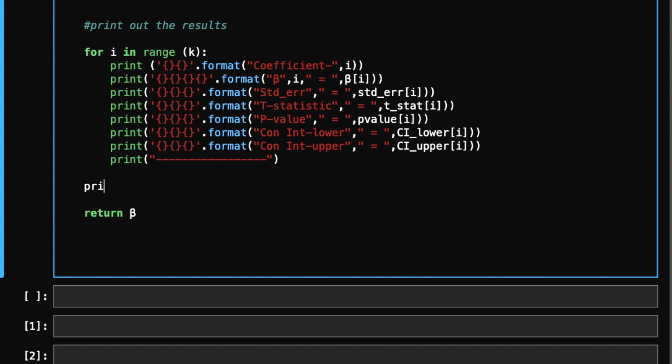So let's print out the number of observations, regressors, and degrees of freedom. Format the number of observations, and this should be equal to n.